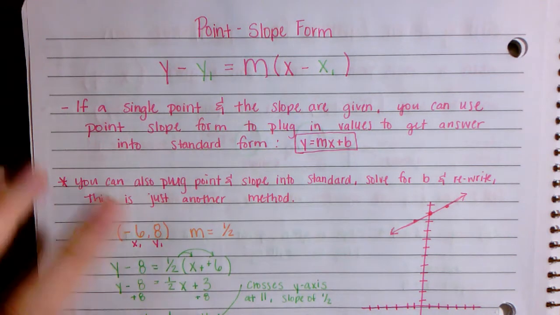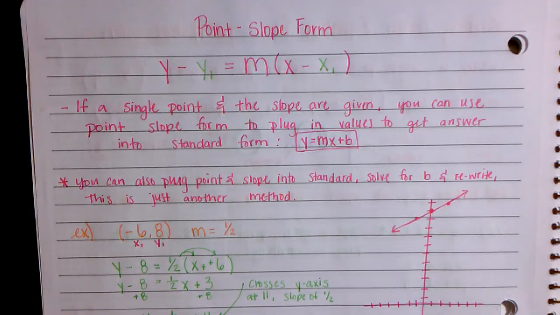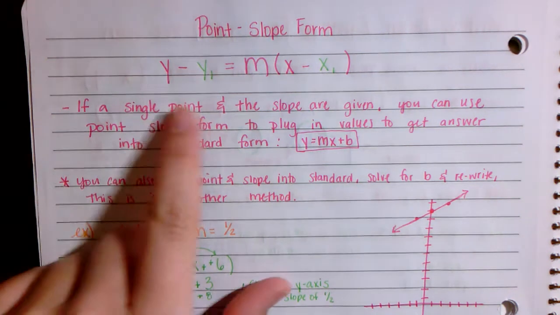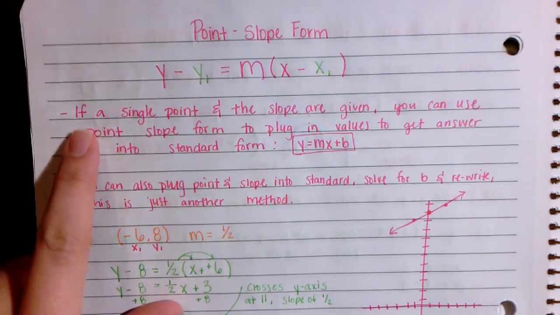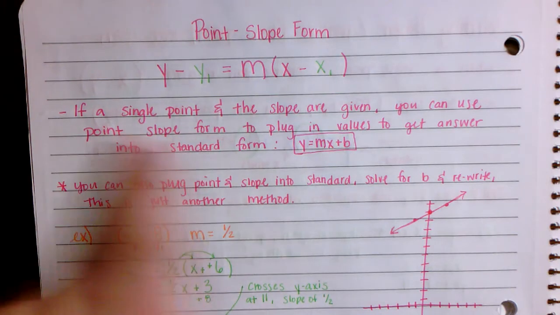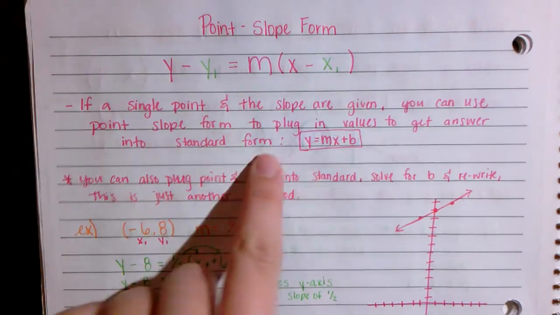So right here, you'll see I wrote, and again, these are new notes for today. So if at any point you need to pause this video, write this down, and then unpause the video, please do so at your own pace whenever you need to. If a single point and the slope are given, so just like I gave you yesterday, you can use point-slope form to plug in the values to get the answer into standard form.